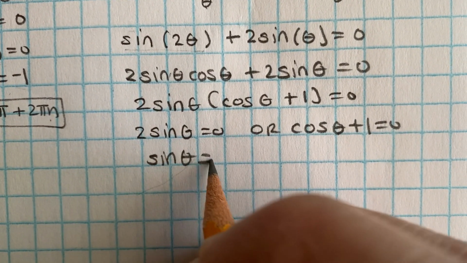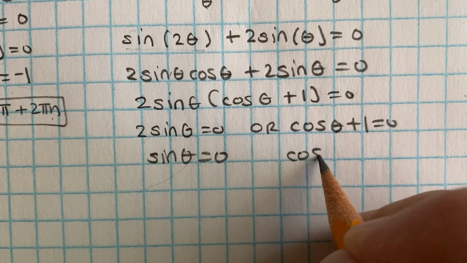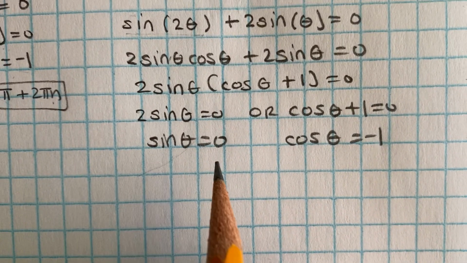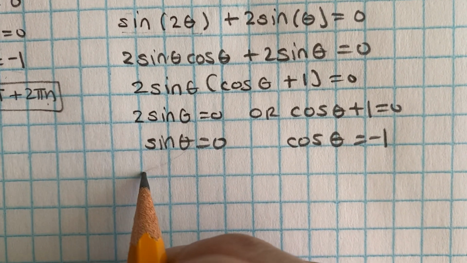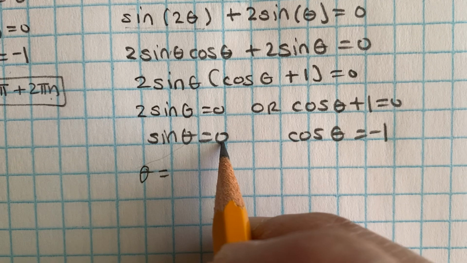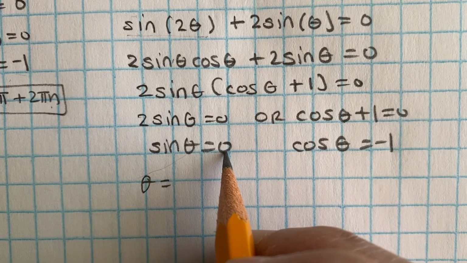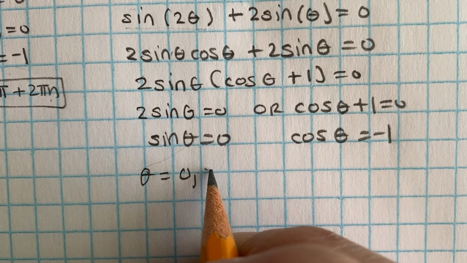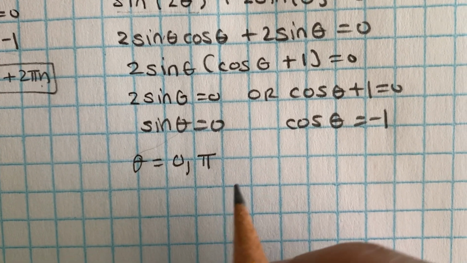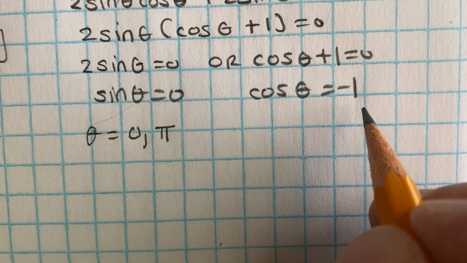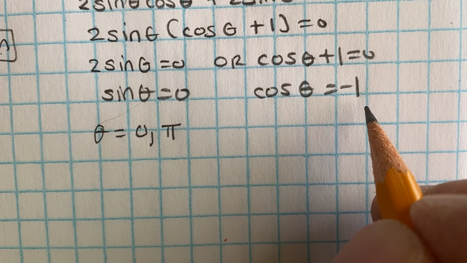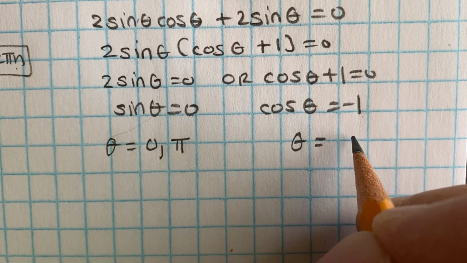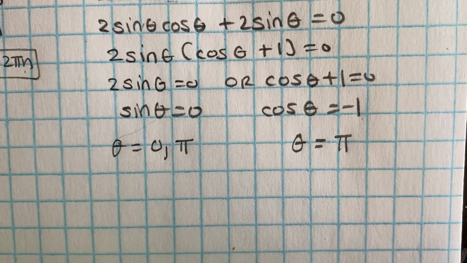Sine theta is going to equal 0 over here, and then cosine of theta is going to equal -1. So if you solve for theta over here, what angle is the y value 0? You're going to get 0, and of course, pi. What angle is the x value -1? And theta, of course, is going to equal pi.